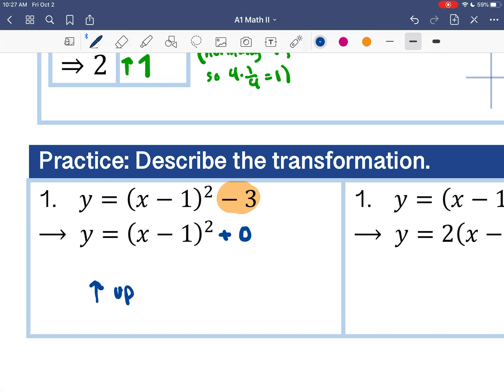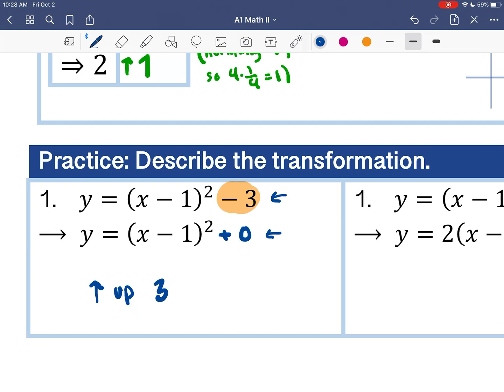That transformation is actually moving it up 3, because the first parabola was at down 3, and now it's not down 3, it's 0. So we have moved that parabola up 3. This is where it started, and we moved up 3 to get to plus 0.